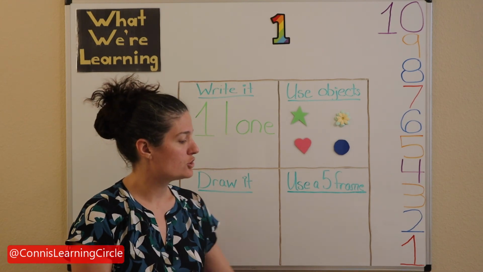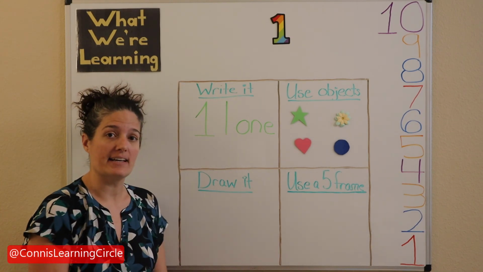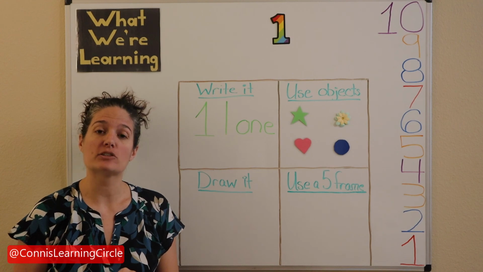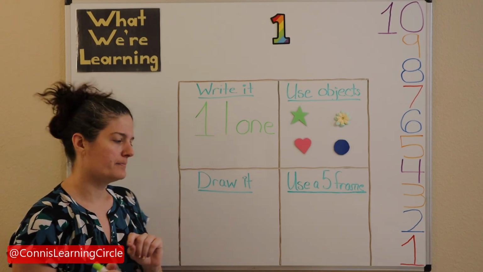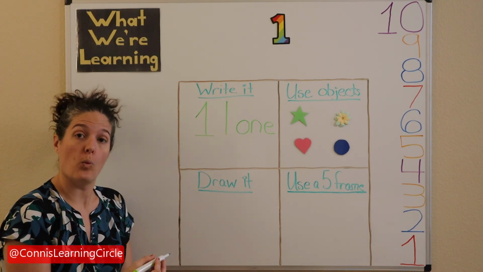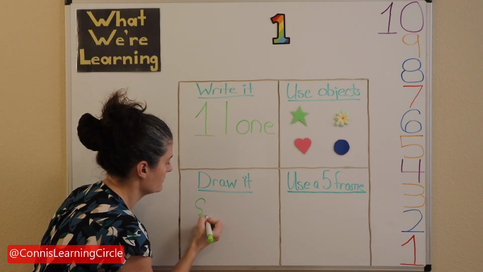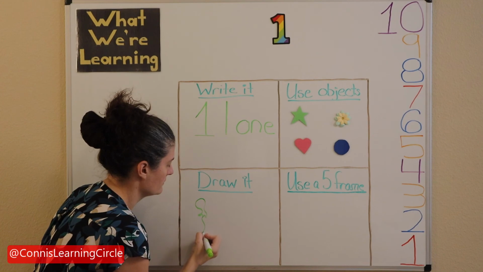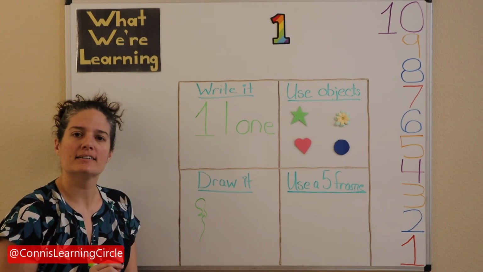Another way we can show the number 1 is we can draw it. So that we can draw things there are only 1 of, like this. I think I will draw one balloon. And, I like cats.